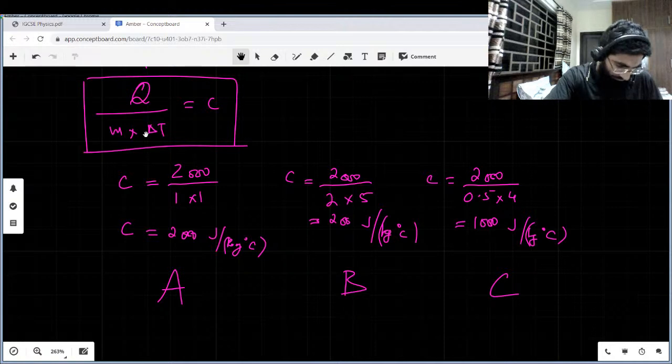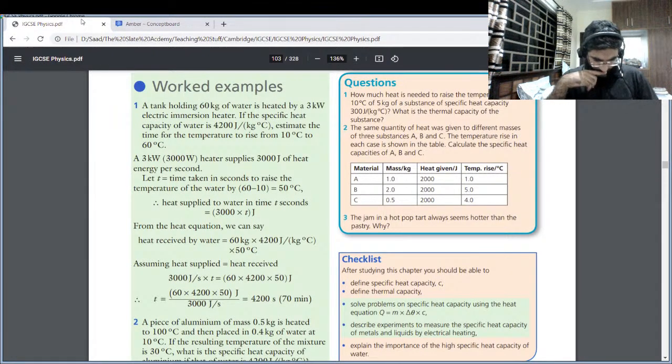Shall I switch back to the question? Yeah. So when I rearrange this now, I would do 2000 over 10. 2000 over 10 for substance B?